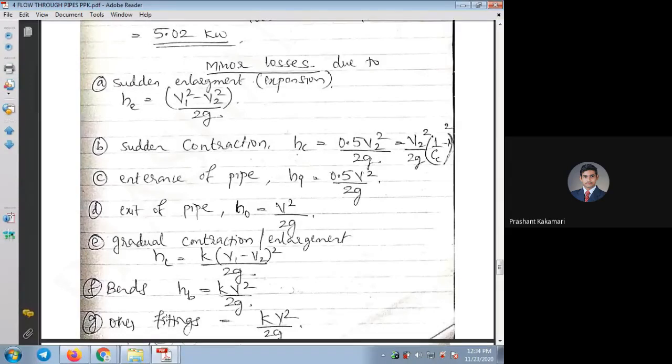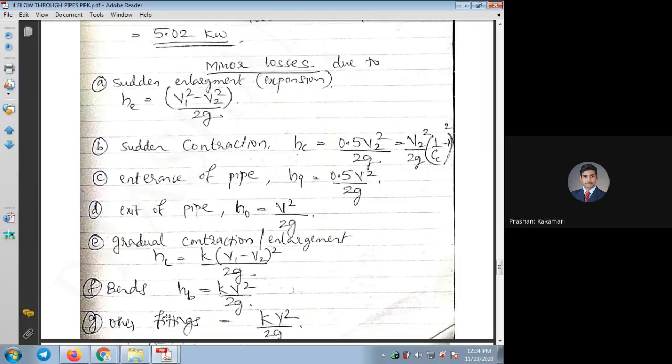The next is the bend. As I told you, bend and elbow are two different entities. A bend is the same material or the same length of the pipe itself turned in some given direction, it may be turned 90 degrees or 40 degrees, or the flow direction may be continuously changing also.